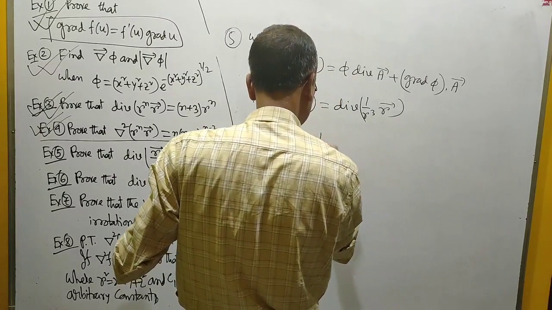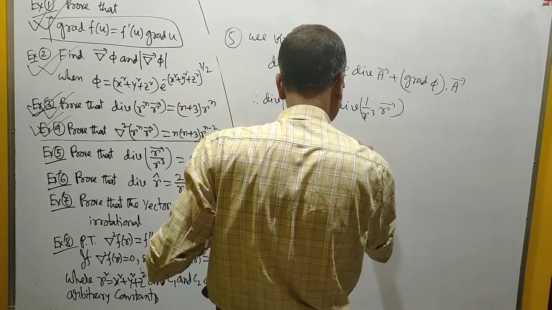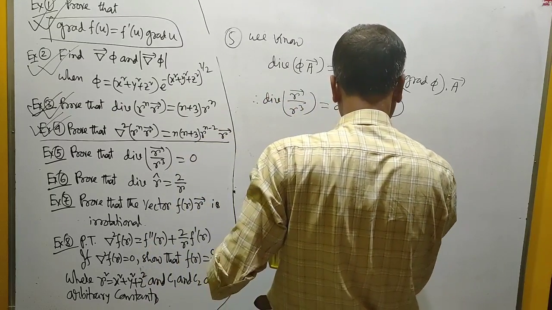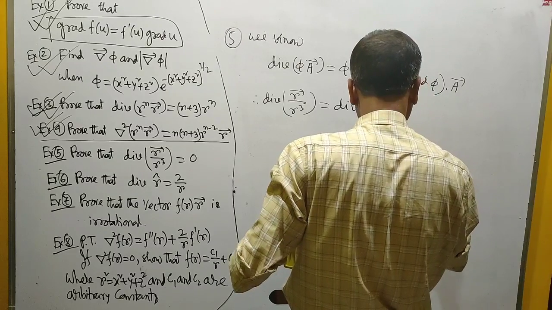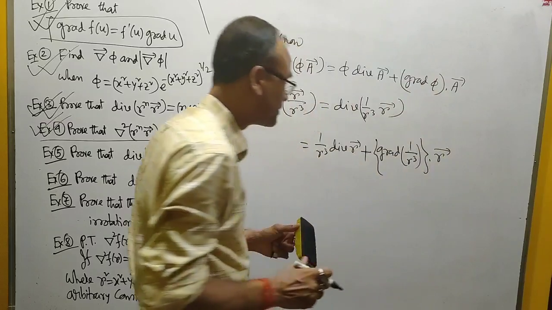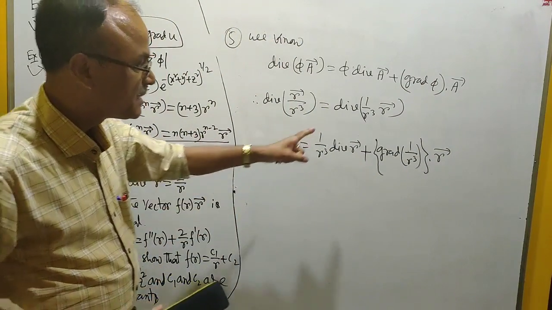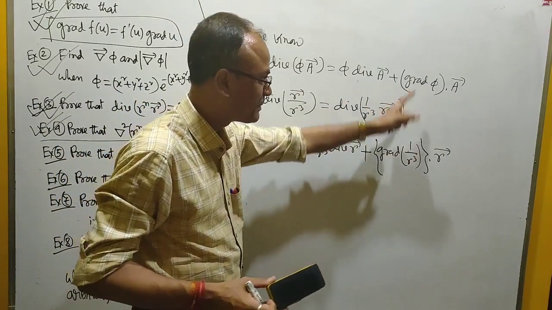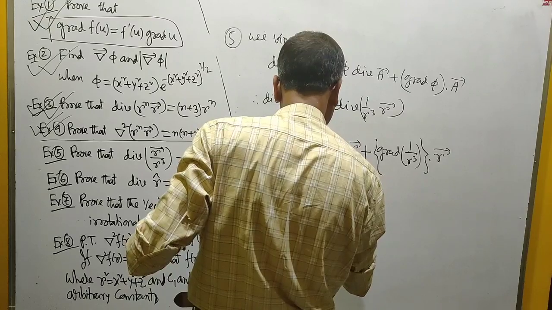This is equal to 1 by r cube times divergence of r plus gradient of 1 by r cube dot r vector. We have applied this vector identity.